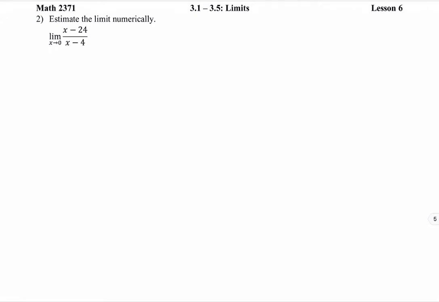All right? So your first step is to test x equal to 0. So this is going to be the limit as x goes to 0 of x minus 24 over x minus 4.